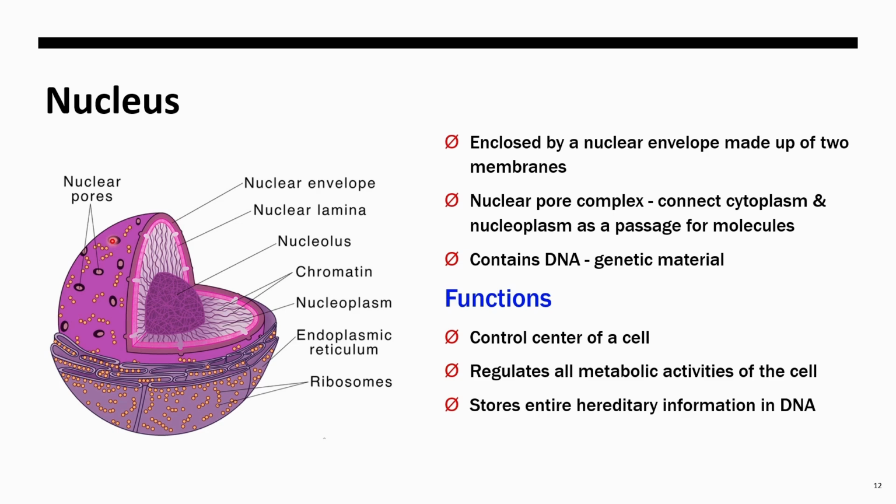And it has pores that connect the nucleoplasm with the outside world. The nucleus contains the most important component in our body, the DNA or our genetic material. So it regulates all the metabolic activities of the cell and it stores entire hereditary information in our DNA.